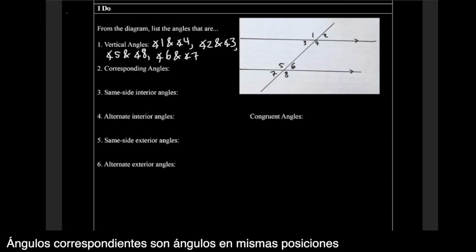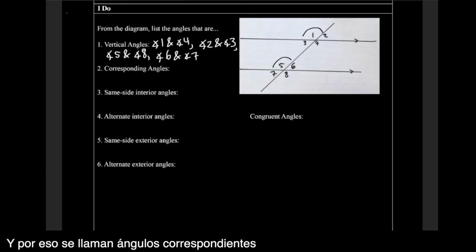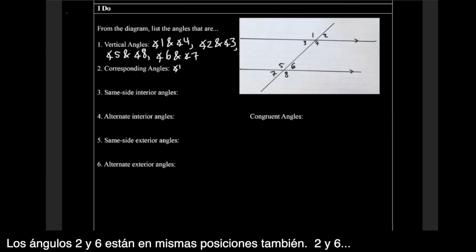Okay, corresponding. Corresponding angles basically means that they're in the same place, so to speak. If you see those 4, we have 1 and 5. They're both in the upper left-hand corner, so they're called corresponding angles. So angle 1 and angle 5.